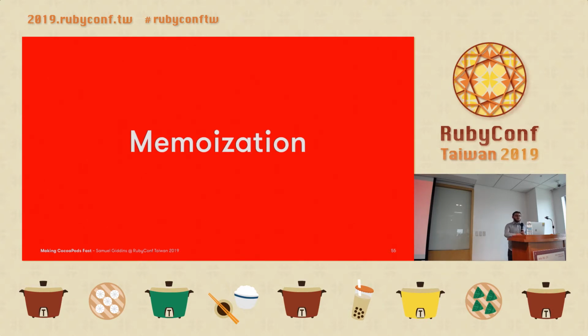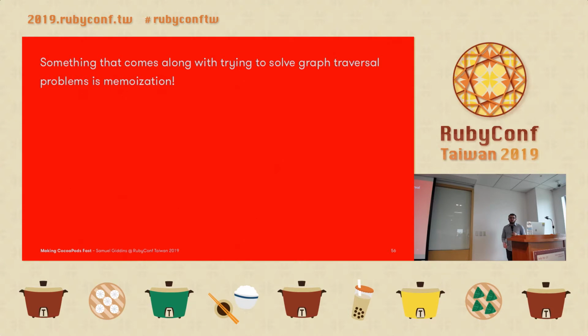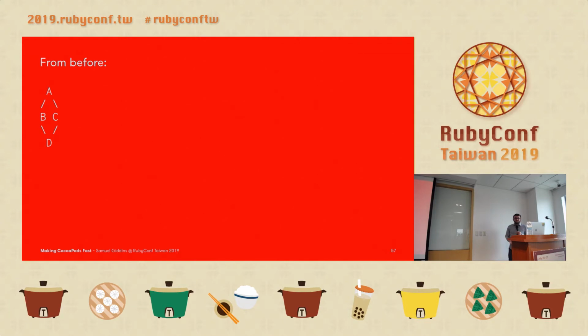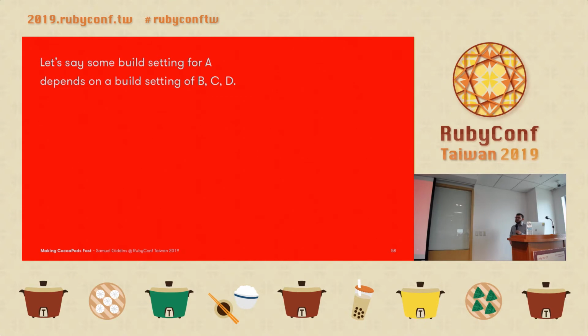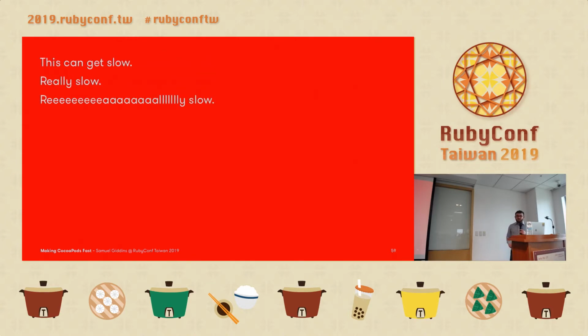So something that goes along with trying to solve a lot of graph traversal problems is memoization. So let's remind ourselves of the simple dependency graph. And then let's say that some build setting for the target A depends on a build setting for the target of B and C and D. And yes, this is how build systems work. It's kind of terrifying. And if you implement things the naive way, they can get slow. They can get really, really slow.